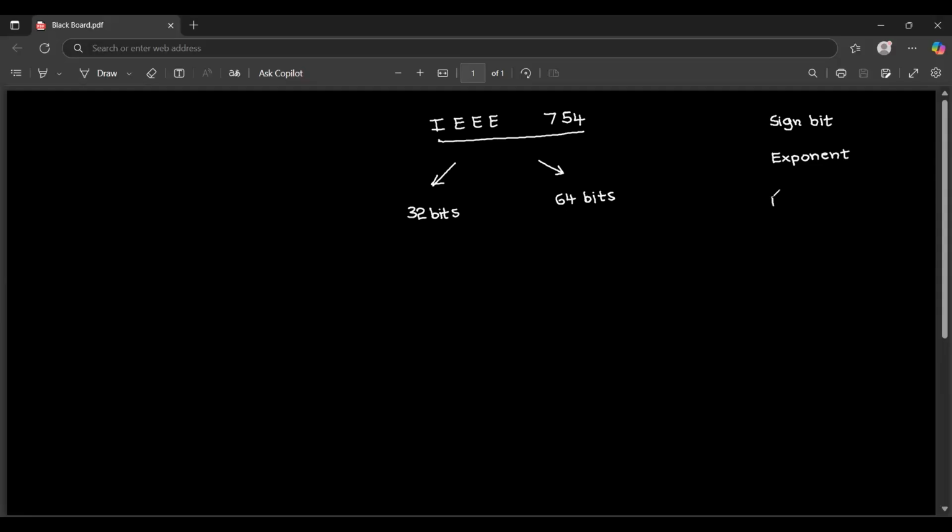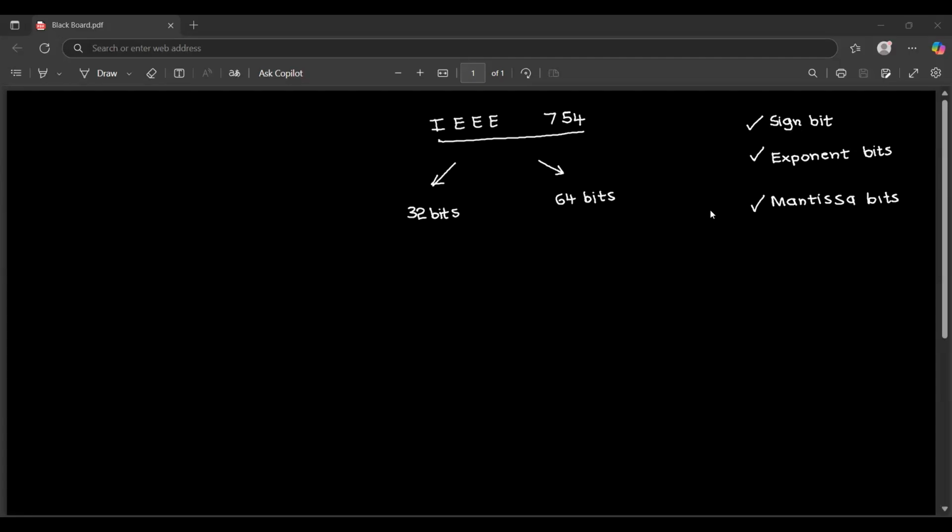And finally, we have the mantissa. So what are the three things? Sign bit, exponent bits, and mantissa bits. These are the important things in a given floating point representation.